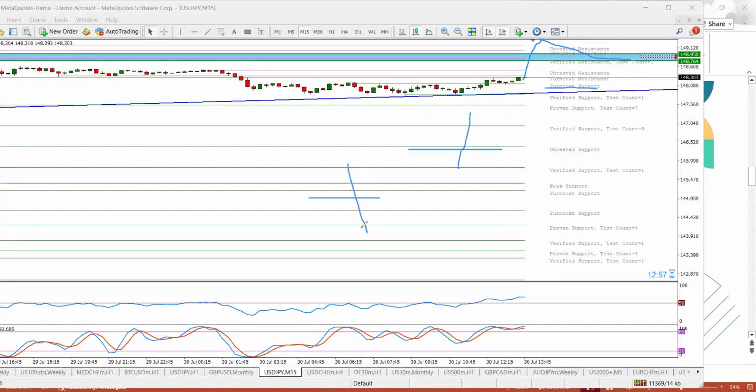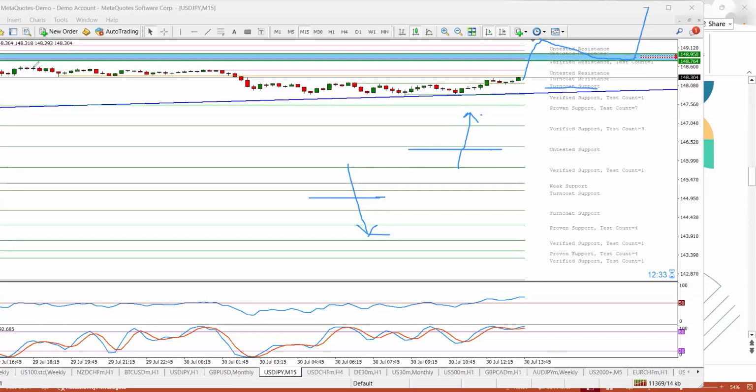Once a support is broken, it becomes a resistance. Because once price breaks this support, this is the current market price, this previous support becomes a resistance. Once price breaks through a resistance, now price is here, this resistance becomes a support. So I'm expecting price to enter into here, take my buy orders, and start to go up.